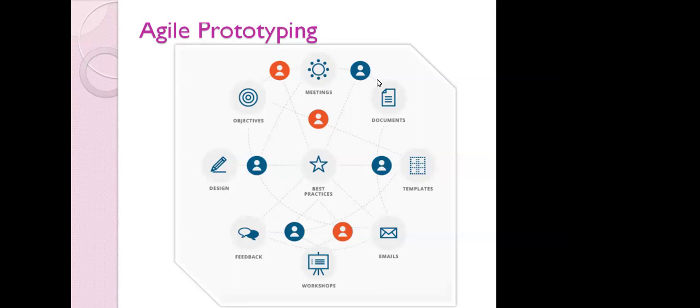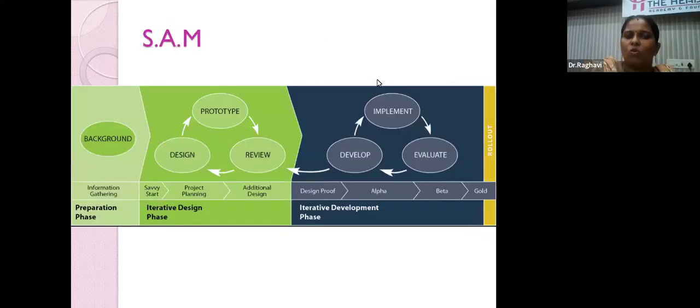Ma'am, before jumping on to agile, can you please share some example on SAM so that it will be a little easier to understand? SAM is more into course development. This is a plain concept only, that's why I didn't give you any particular example, because SAM helps us bring a course design.